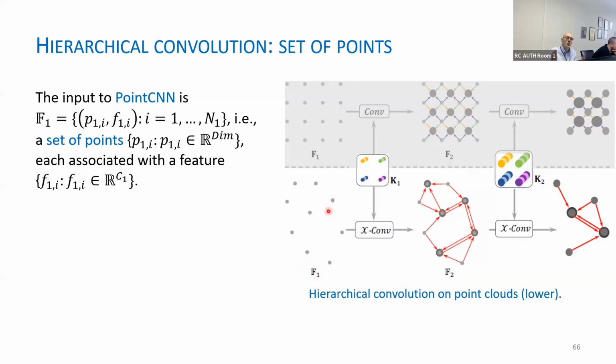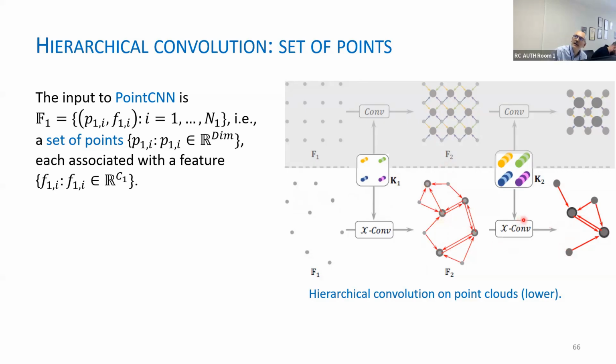Here we no longer have the grid structure, and we would like to define this XCombo operator, which is the main contribution of this work. We would like to obtain a reduced set of points, where each of these points captures information from neighboring points.